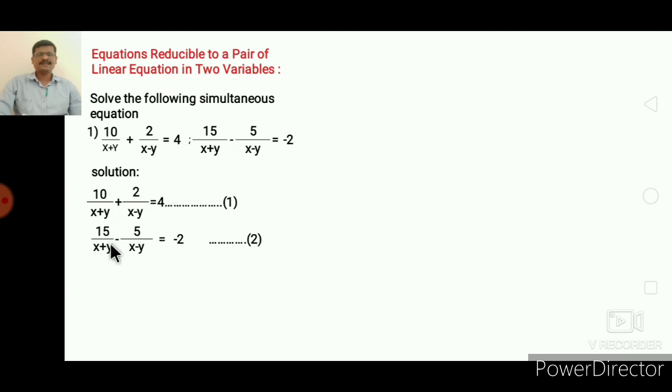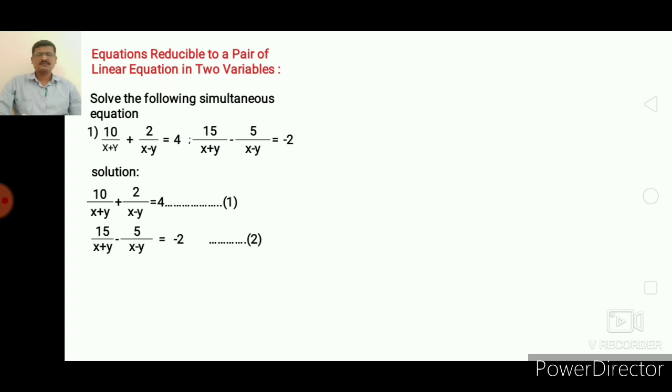These two equations are not linear equations in two variables. In the previous lecture, we studied linear equations in two variables. What is meant by a linear equation in two variables?